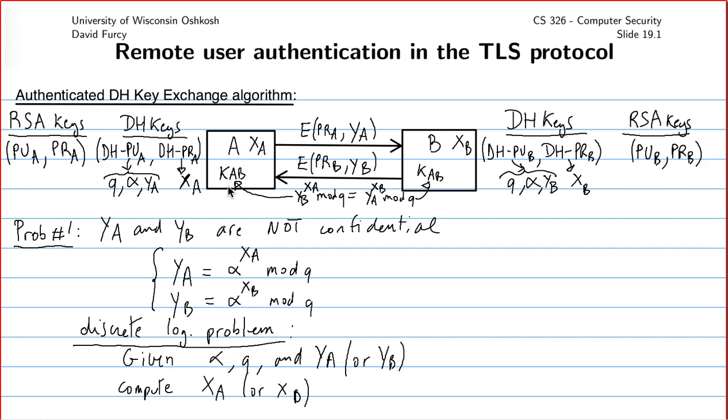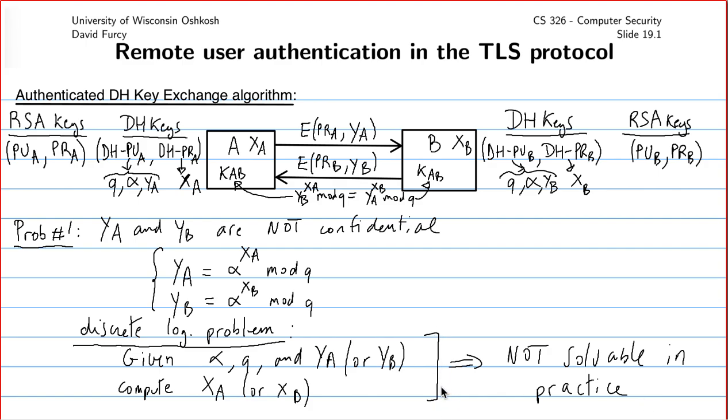So is it a problem that these two values are known? Do they help you solve this problem? And the answer is no, because this problem is not solvable in practice. Given the state of knowledge in algorithms and computational complexity and so on, there is no efficient or practical solution to this problem.